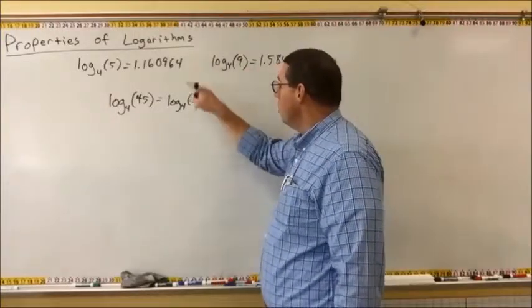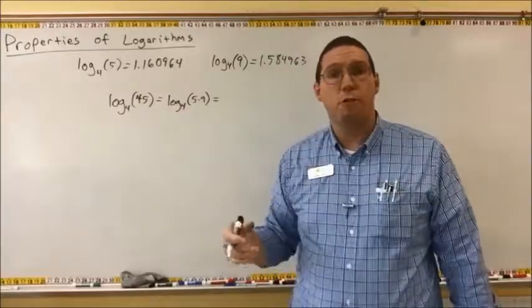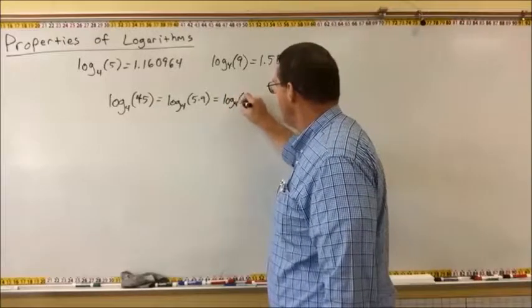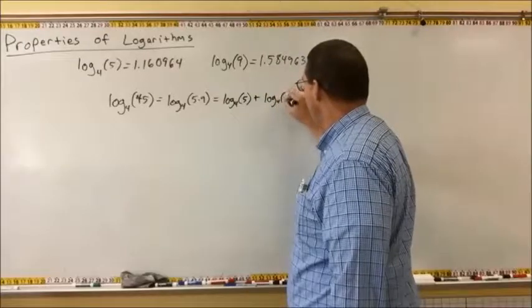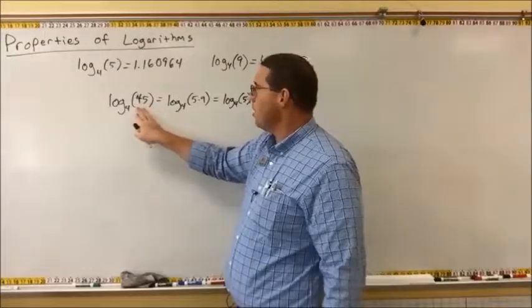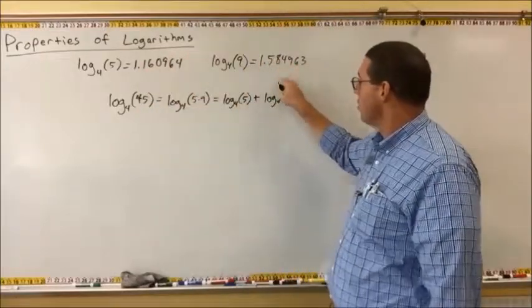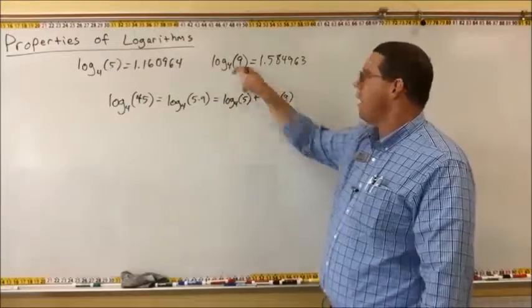And therefore, we know that multiplication in a logarithm turns into addition. And so this would become log base 4 of 5 plus log base 4 of 9. So the answer to this is simply going to be this plus this, because it's log base 4 of 5 plus log base 4 of 9.